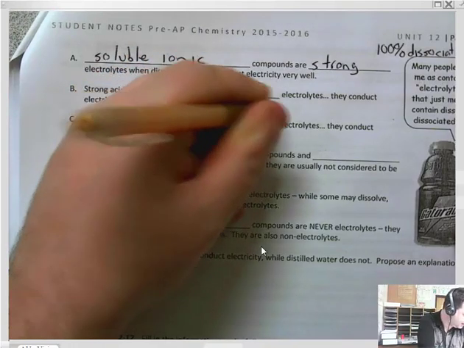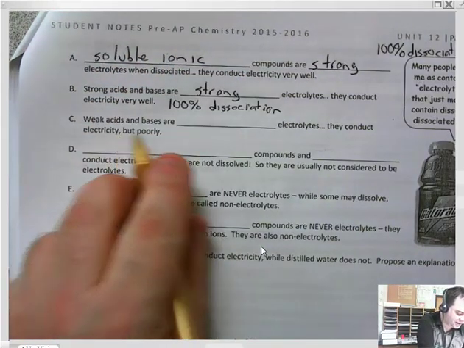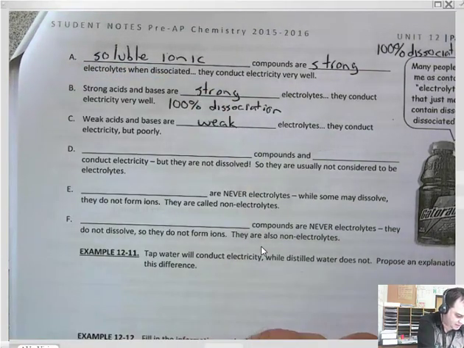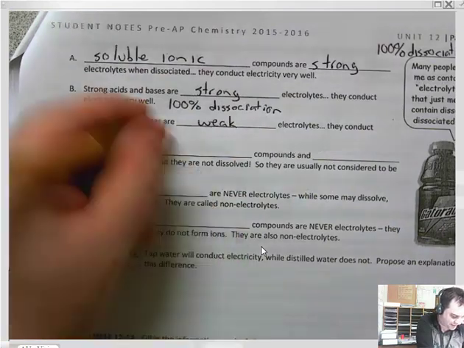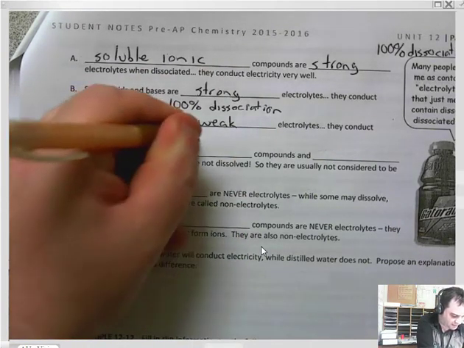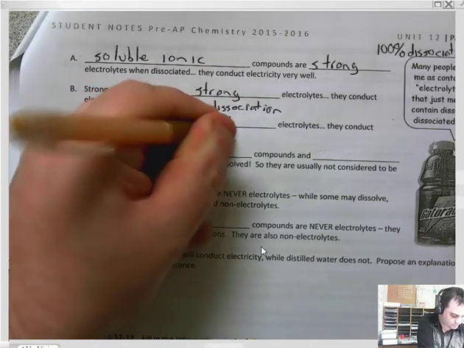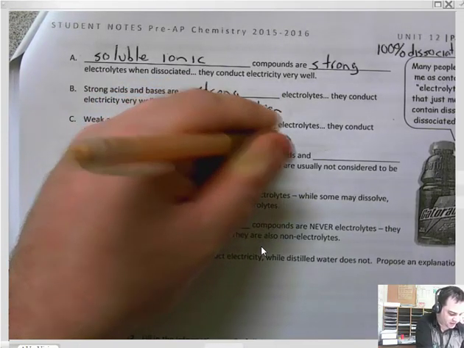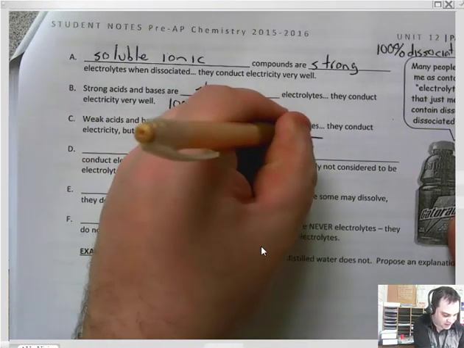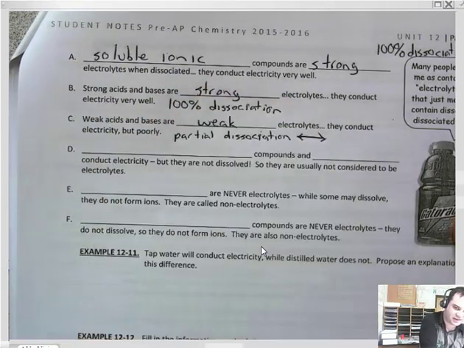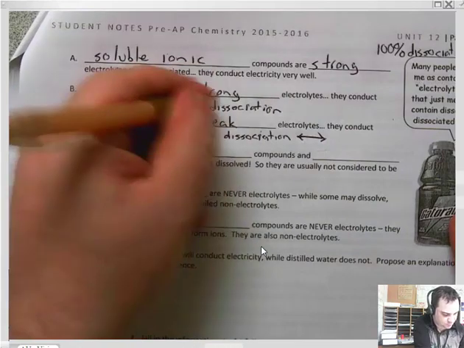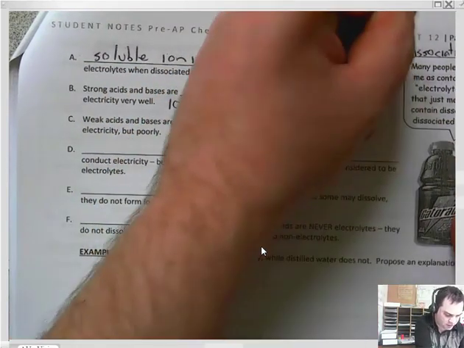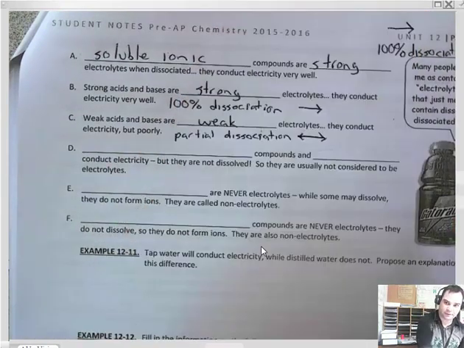Weak acids and bases are weak electrolytes, which means they conduct electricity but poorly because they only partially dissociate. Remember from our other notes, if it partially dissociates, it goes forwards and backwards. It's an equilibrium. If it 100% dissociates, it only goes forwards.